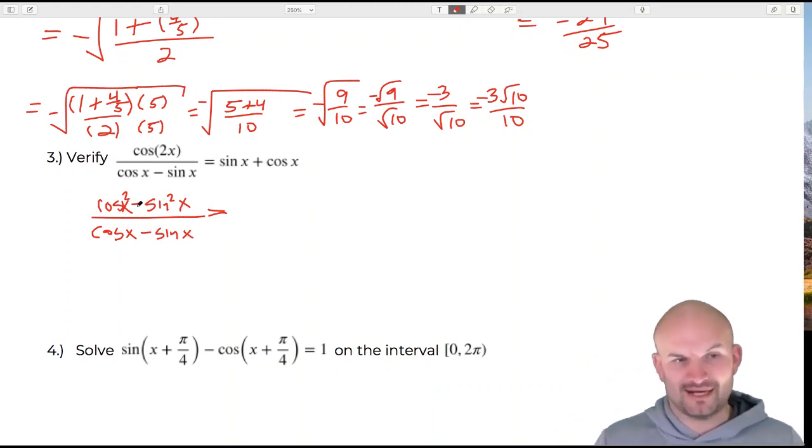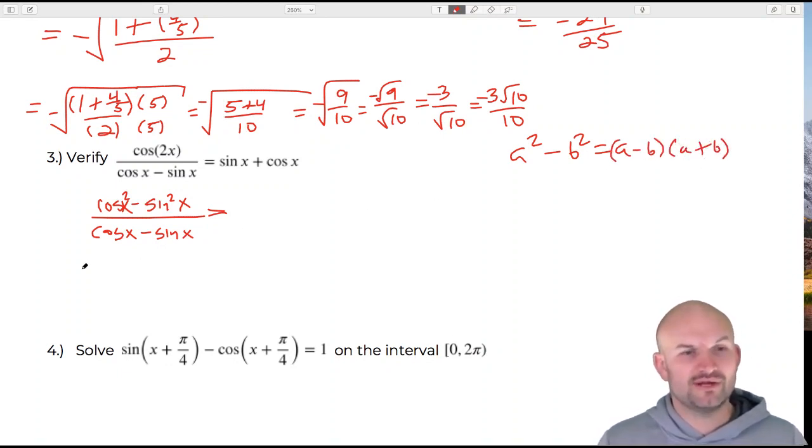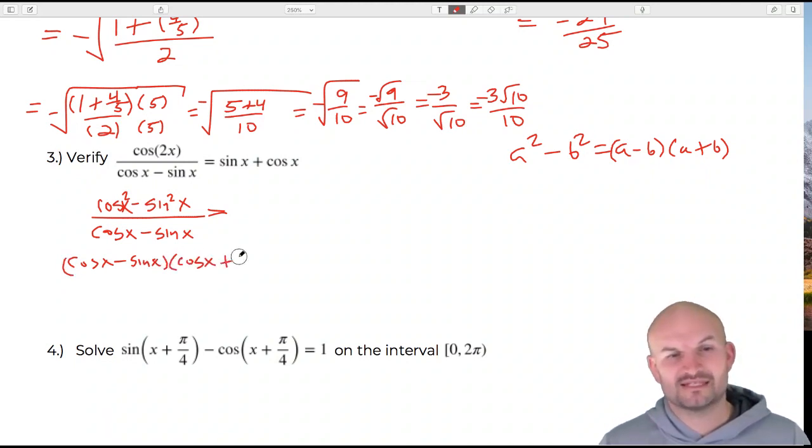But based on the work that they did, everything kind of worked out. However, what I would recognize is this is the same thing as, when you see a square term minus another square term, that's the difference of two squares. So all we simply need to do here is factor this out to cosine of x minus sine of x times cosine of x plus sine of x.